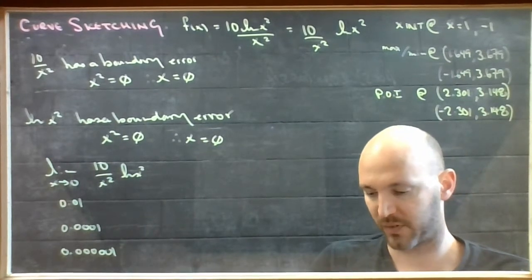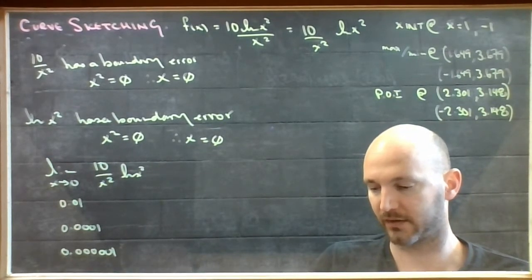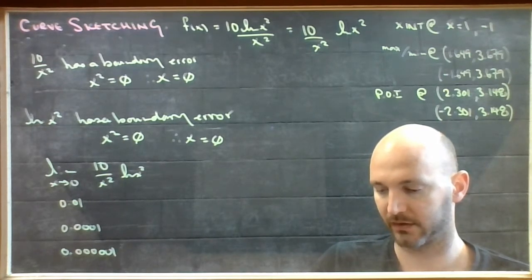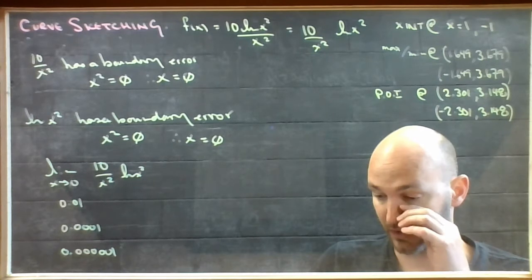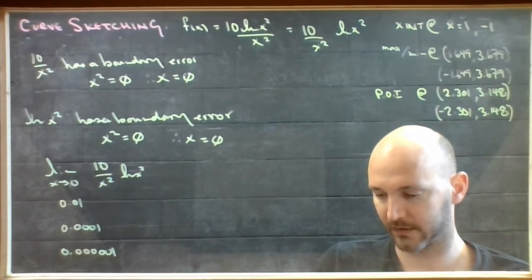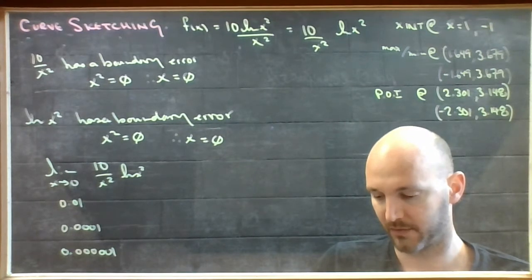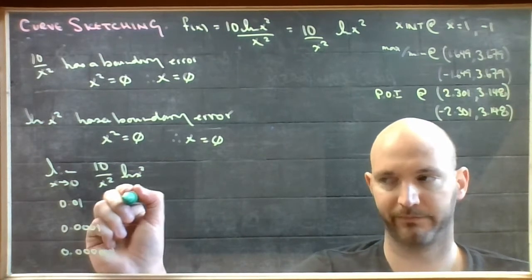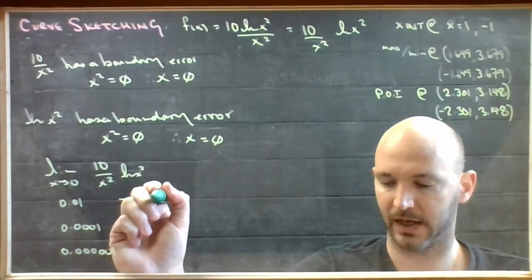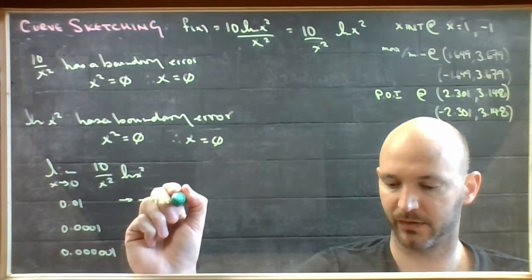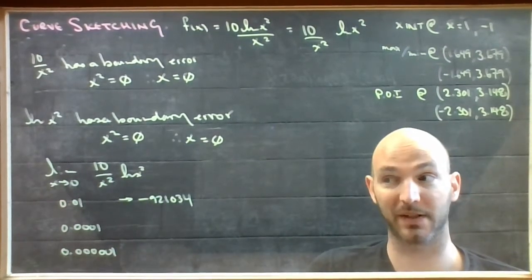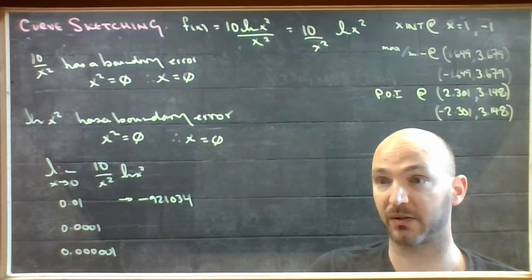Alright, so 0.01 squared equals ln of that answer. It's negative 9.21 times 10 equals negative 92 divided by 0.01 squared gives me negative 921,034. Now I'd wager that's going to negative infinity, and it's doing it pretty aggressively.